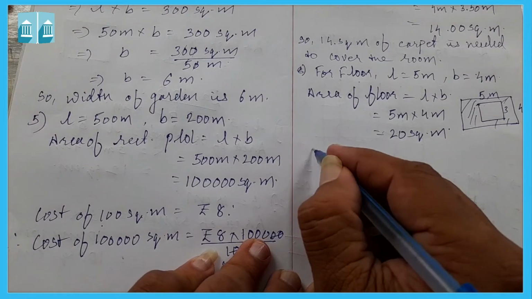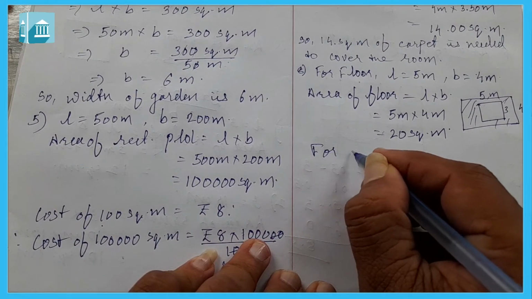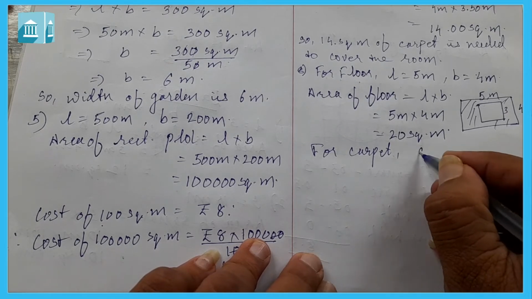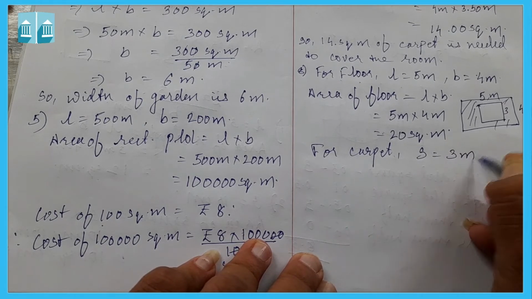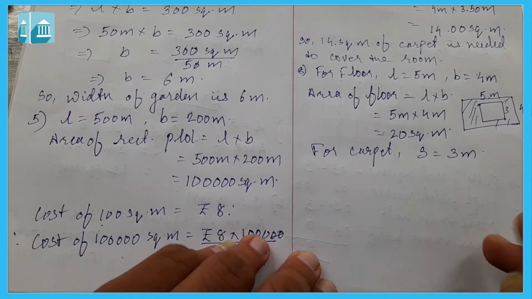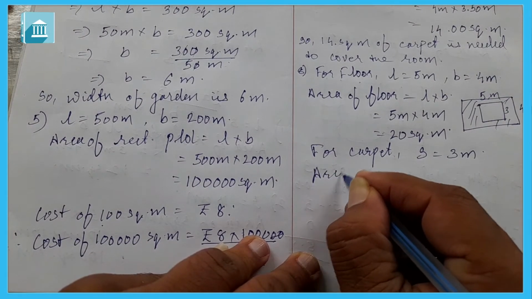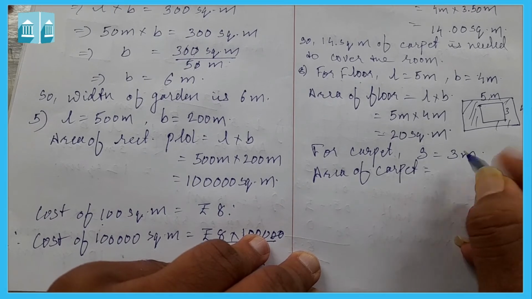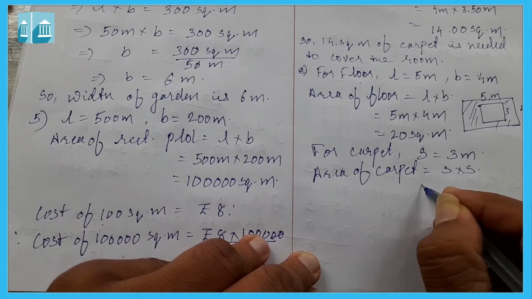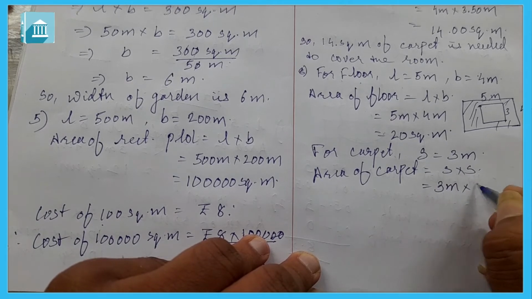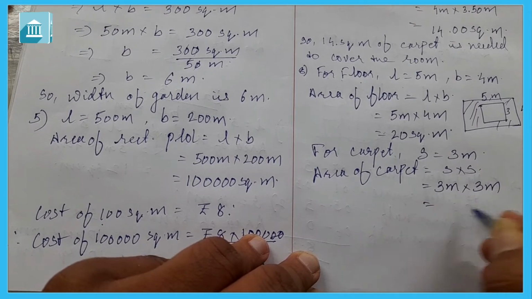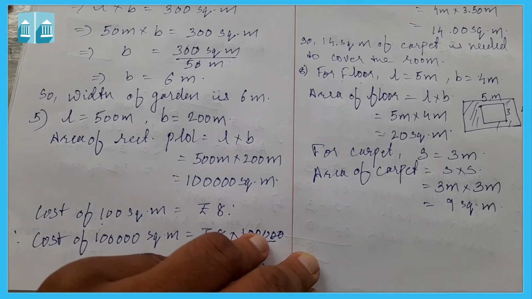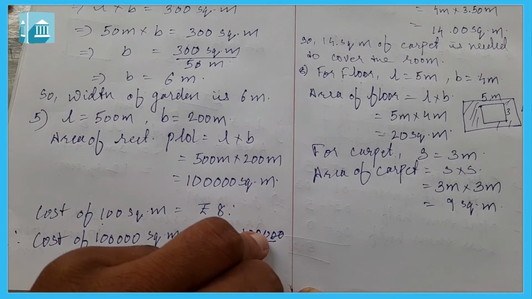Now for carpet, side is given 3 meter. So we can say area of carpet is equal to side into side, which is equal to 3 meter into 3 meter, which is equal to 9 square meter.